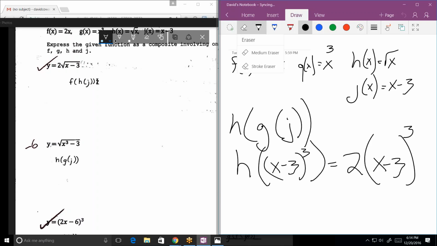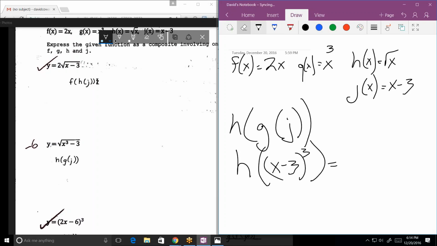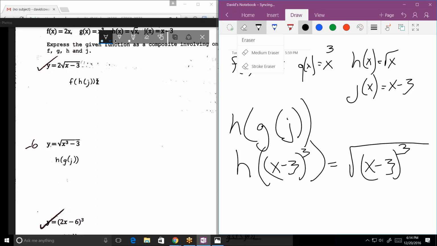Oh, excuse me, I did that wrong. Never helps when the tutor does it wrong, does it? So h of that quantity would be the square root of x minus 3 quantity cubed. And that's not correct either, although it's closer. So I can see why you came up with that answer, but it's not correct, and that's why we lost 6 points.